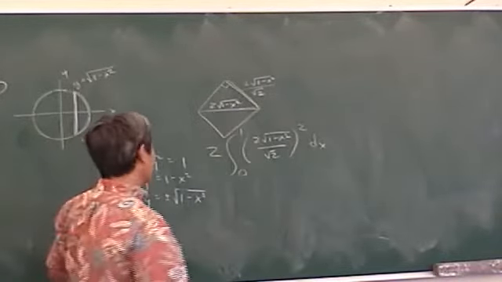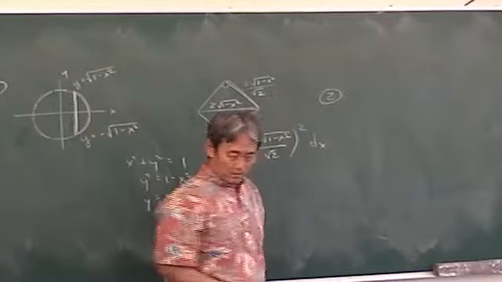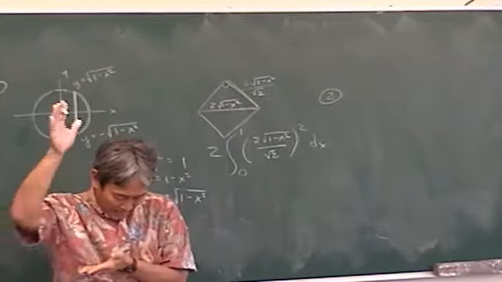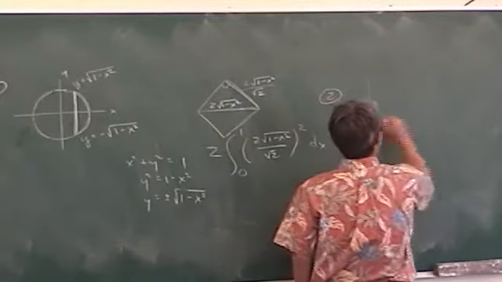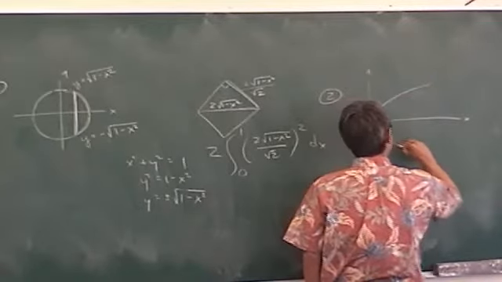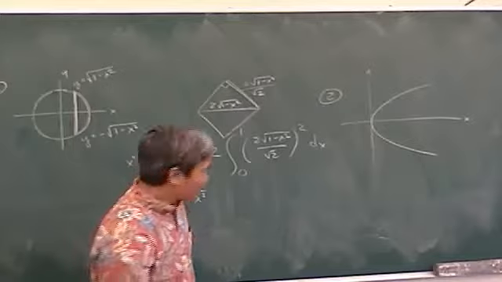Okay, now we do number 2. Let me get this picture straight. So we cut it like that. We have a parabola opening to the right, like this, up until where? Is it 4? Yep.